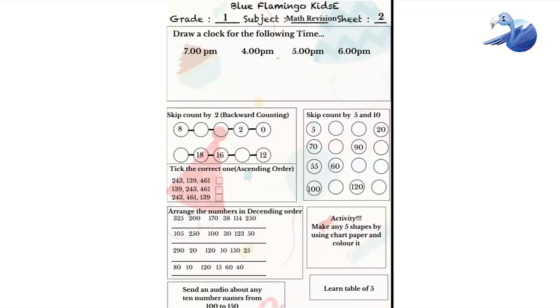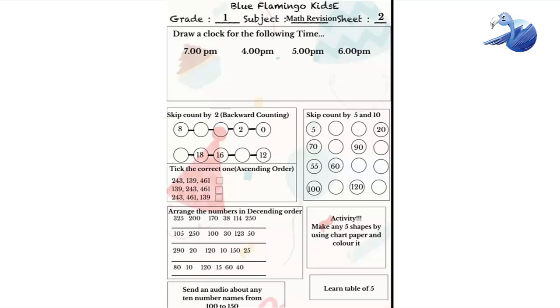In this row, we skip 10 numbers. Next, 55, 60, 65, 70. We skip 5 numbers. Next, 100, 110, 120, 130.